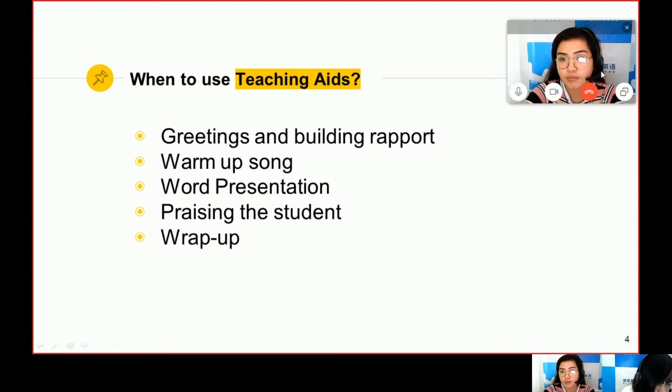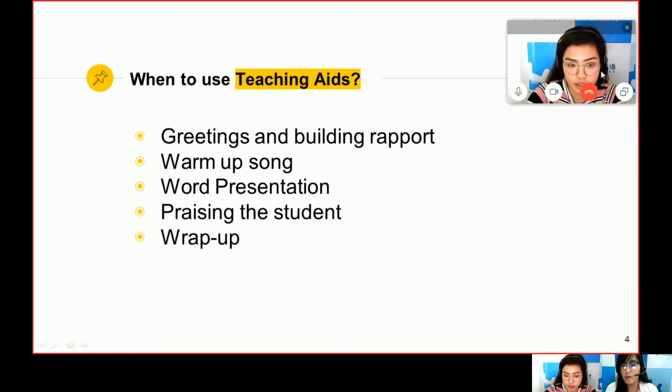You can print out a picture that says hello. And then the warm up song. Actually, this one is when to use the teaching aids or the TPR, both, during the warm up song.